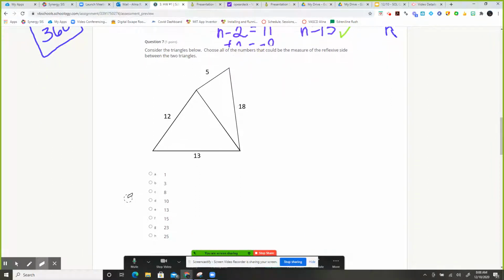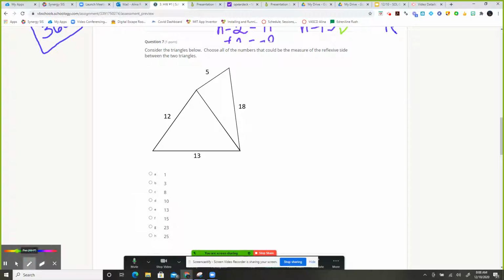Number 7 is kind of an evil problem. I'll be totally honest. So what I like to do here is I like to separate out the 2 triangles. Think about the 12-13 triangle. And there's a hinge right there. So if I close the 12 and the 13 triangle, what's the smallest thing that I could have for a third side? When we're finding the range of sides, we add and we subtract.